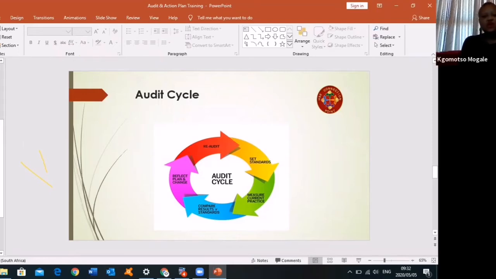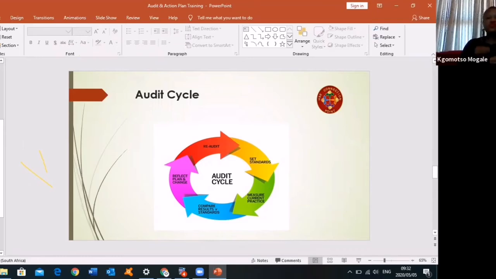Thereafter, the blue arrow, we compare the results with the standard, meaning that the results of the audit that we have conducted, we are going to measure against the standard that we set for ourselves in the beginning, to see whether we are still on the right track, or maybe somewhere we got lost.